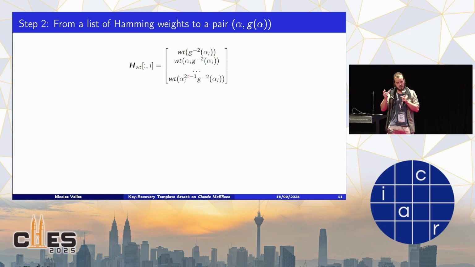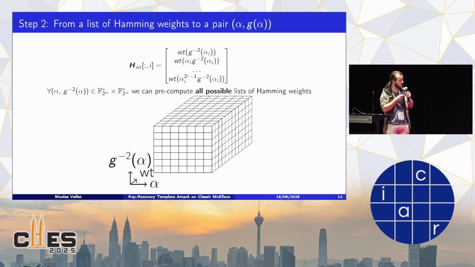During that step, we will gather the Hamming weights into a list that corresponds to the column of HG2, and in parallel, as we know that alpha and g to the power minus 2 of alpha are elements of F of 2 to the power of m, we can pre-compute a cuboid that will contain all the possible lists of Hamming weights that we can recover.